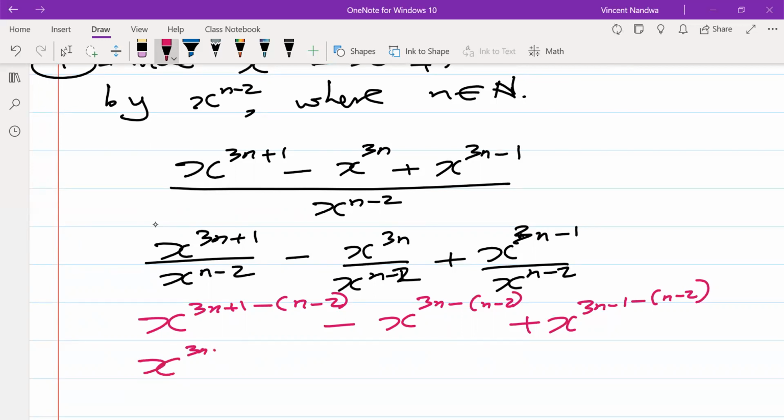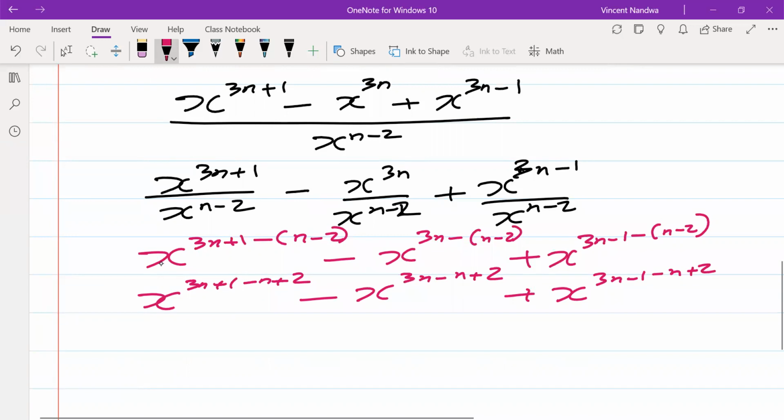So 3n plus 1 minus n plus 2, 3n minus n plus 2, 3n minus 1 minus n plus 2.